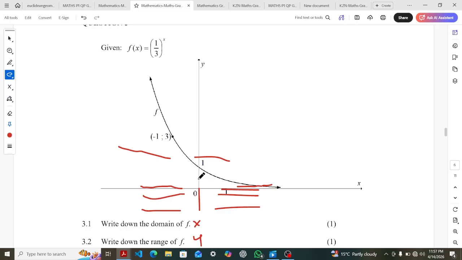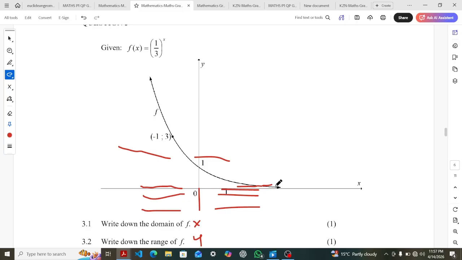Let me explain again, guys. When you start looking below 0, whereby your y values are negative, you don't see the graph. So as you go up until you reach 0, you don't see the graph. But once you pass 0 and go up, you start seeing the graph.